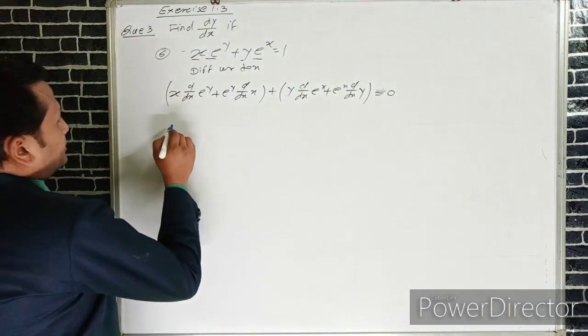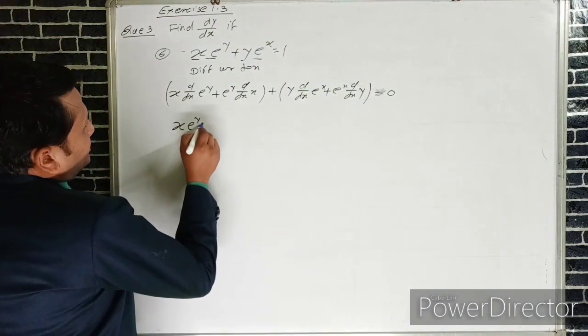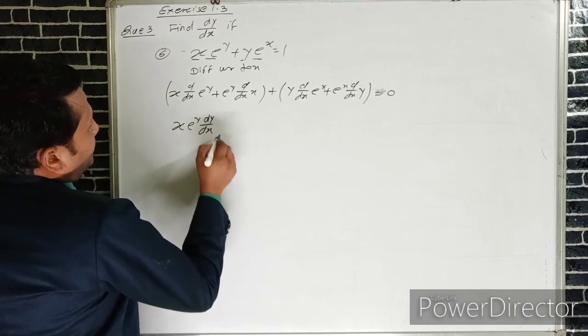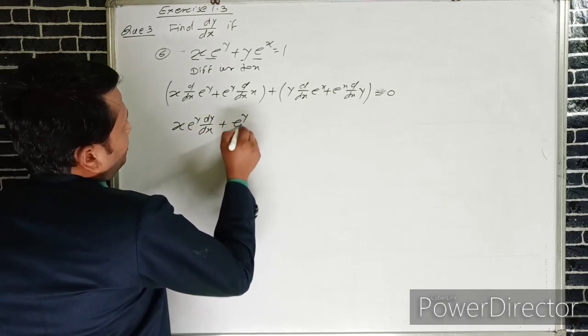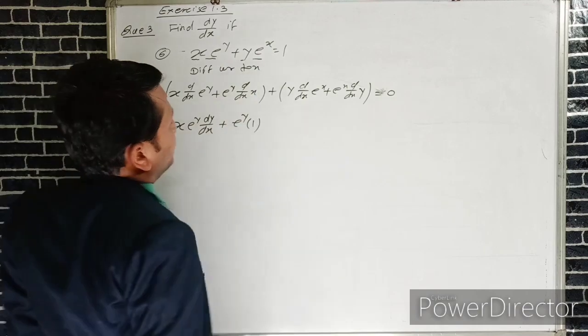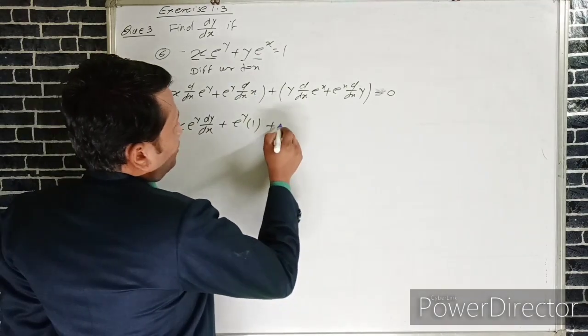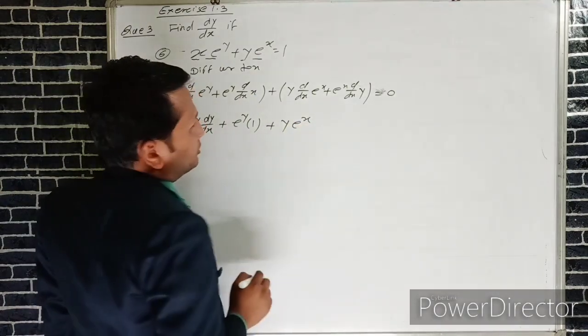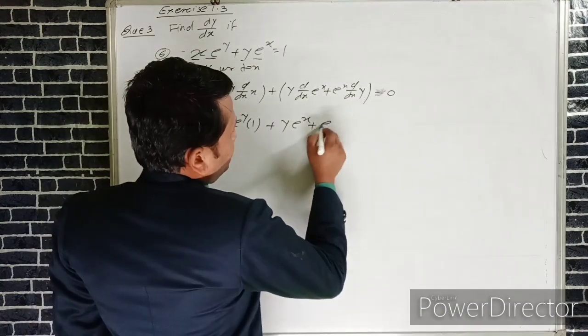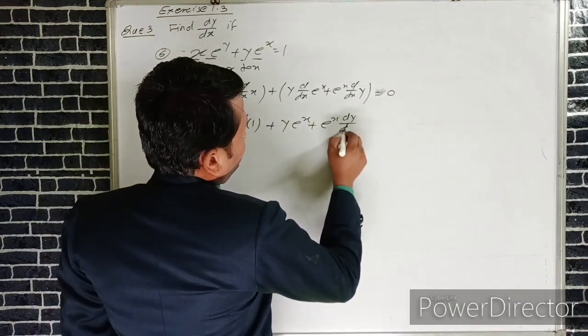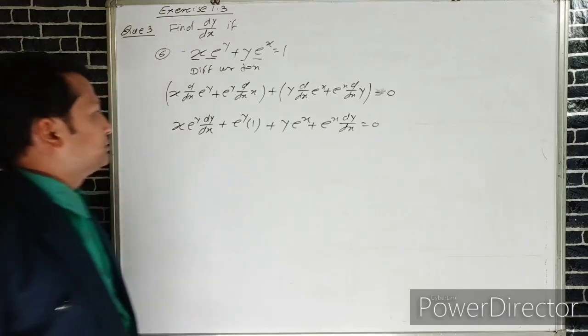Again, x into e raised to the power y as it is, we take the derivative dy by dx, plus e to the power y as it is, derivative of x is 1, plus y into the derivative of e to the power x is e to the power x, plus e to the power x into the derivative of y, which is dy by dx, is equal to 0.